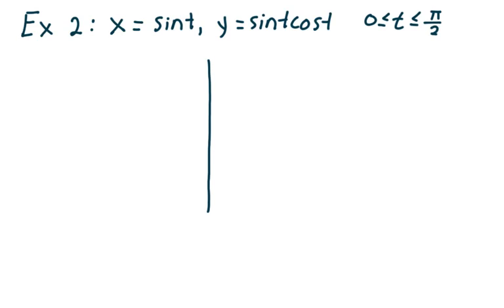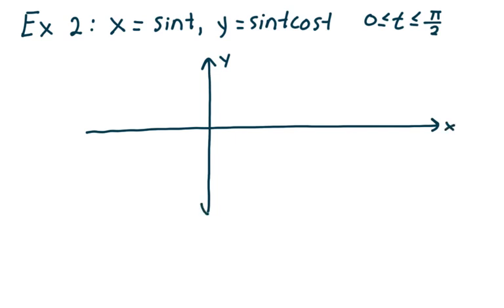Again, the book provides you what the parametric curve looks like. So here we have x and y, and what's nice about this problem is they already gave you the restrictions on t, so we don't have to figure that out. The curve looks something like this.